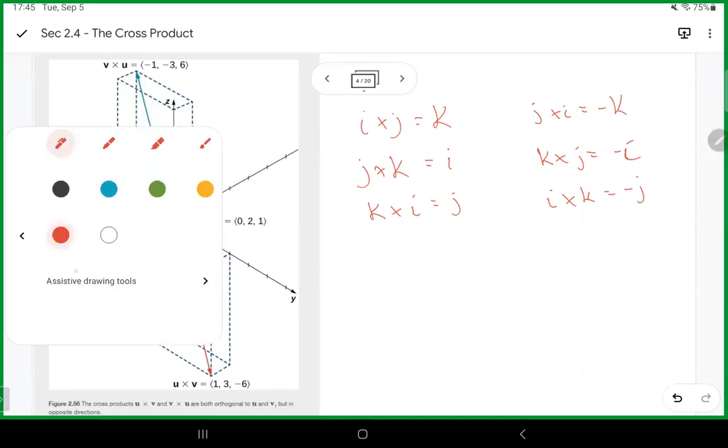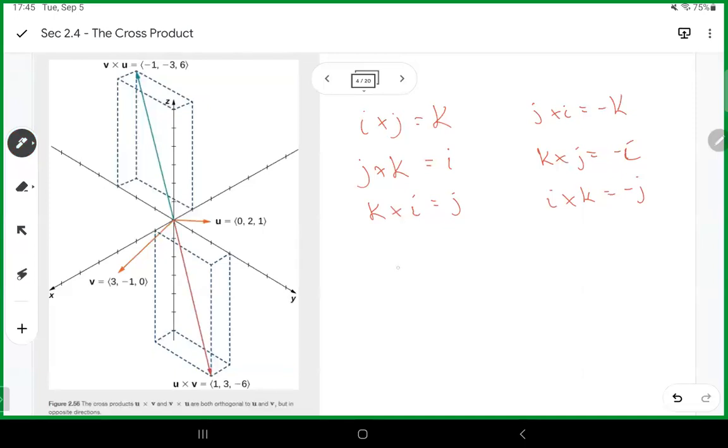So you can recall that i is 1, 0, 0. j is 0, 1, 0. And k is 0, 0, 1. So then you can fill the above in as you need to. Very good tool to have.